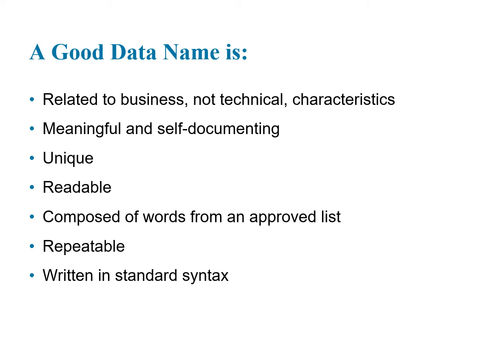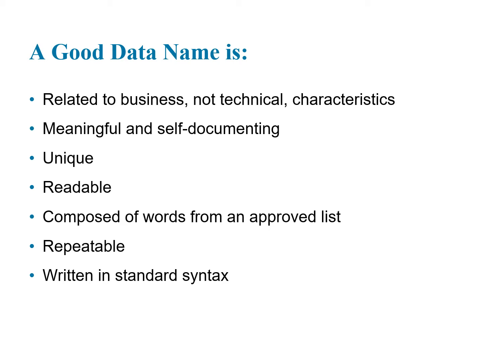A good data name: the data objects must be named and defined before they can be used unambiguously in a model of organizational data. Data names refer to the names of entities, their attributes, and their relationships, which are the data objects. These names should be meaningful to the business interest and operation.